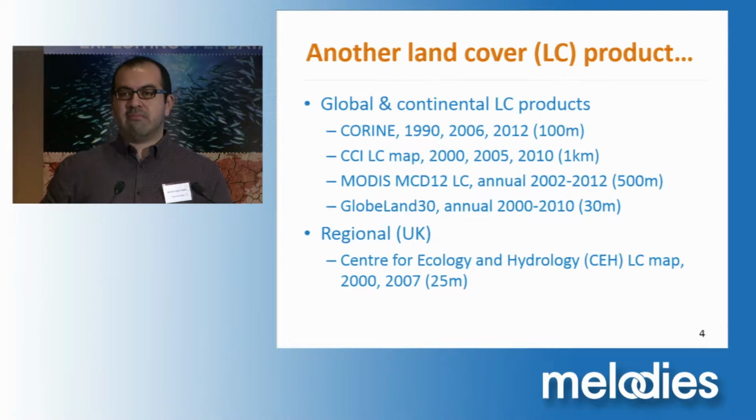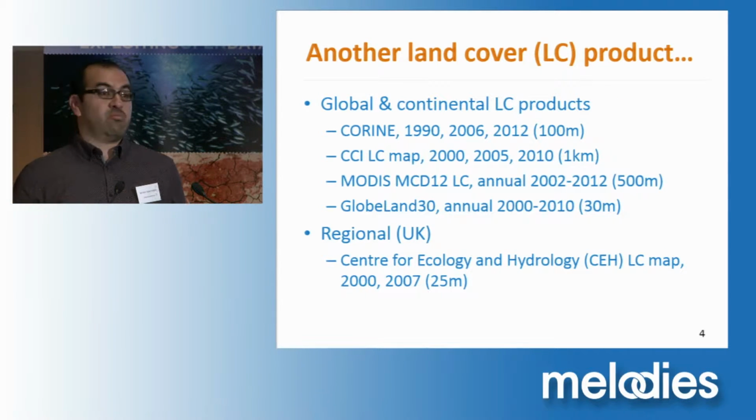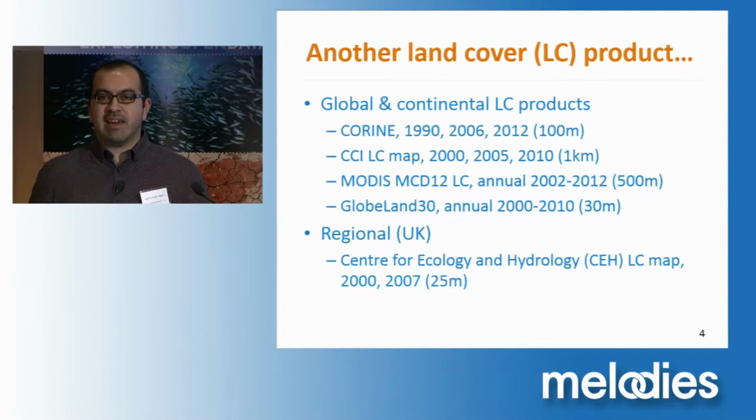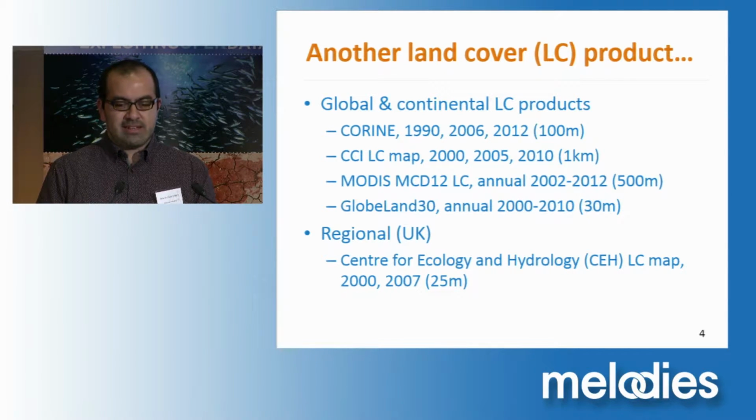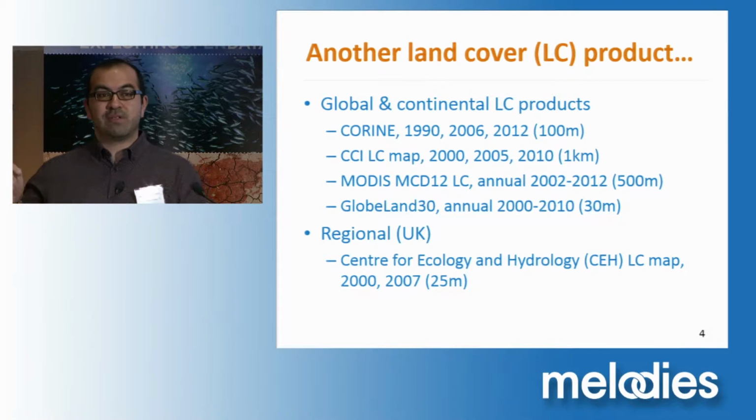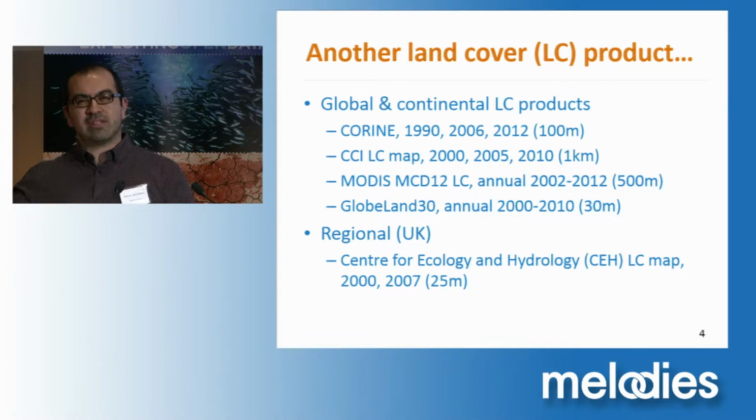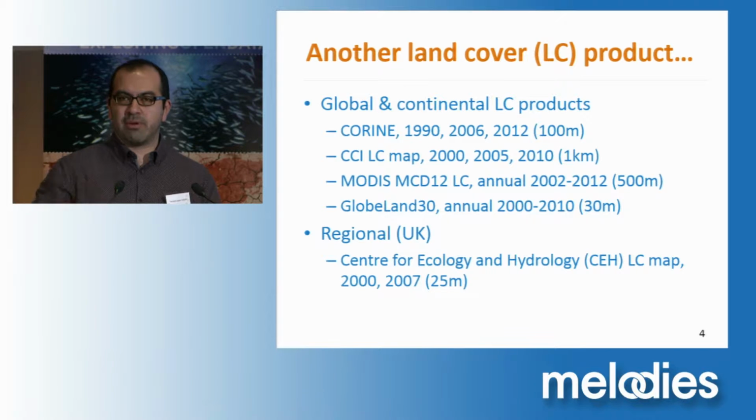From this, the first thought was, of course, we need a land cover product to map changes every year. However, we have tons of products available in the market. Nevertheless, we didn't have one that was just fit for our purpose.